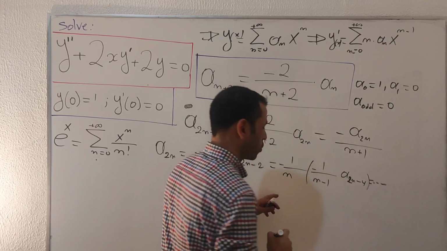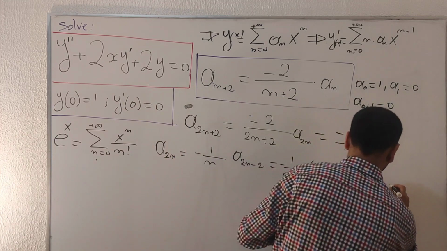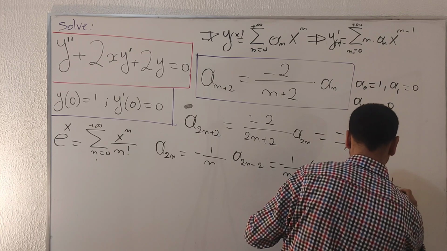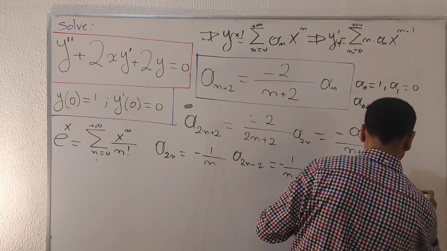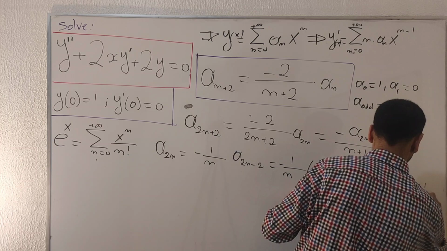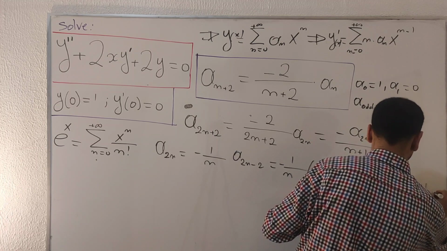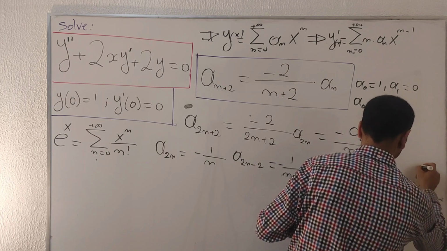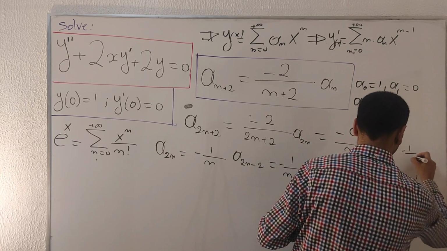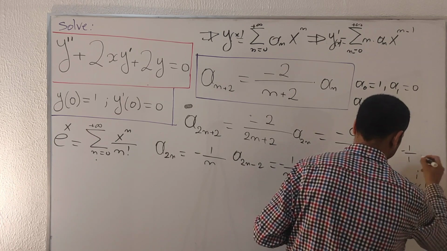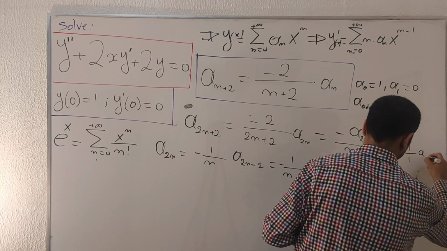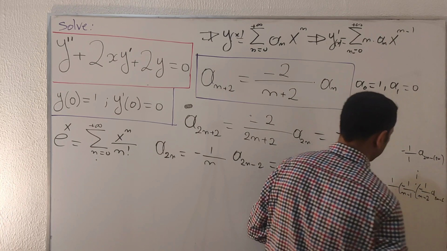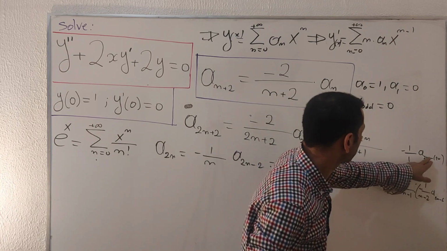This will go all the way down on the same pattern: minus 1 over n, minus 1 over n minus 1, minus 1 over n minus 2 multiplied by e sub 2n minus 6, and all the way down to minus 1 over 1 multiplied by e sub 2n minus 2n. It becomes e sub 0 equals 1.